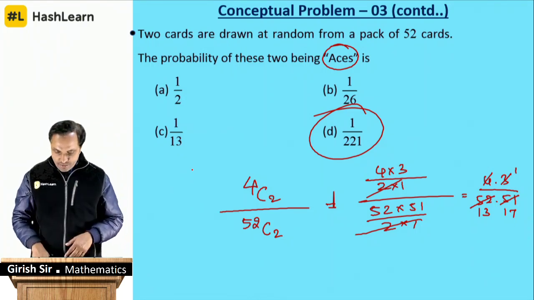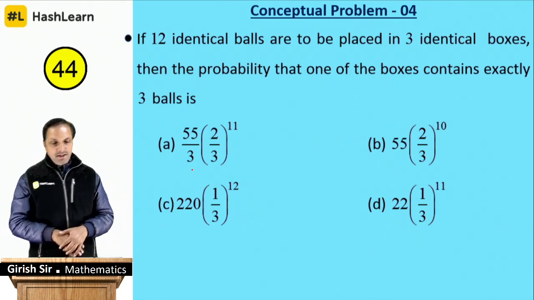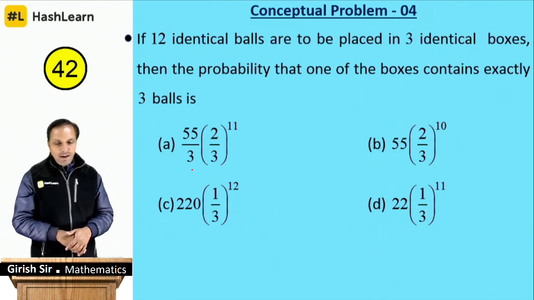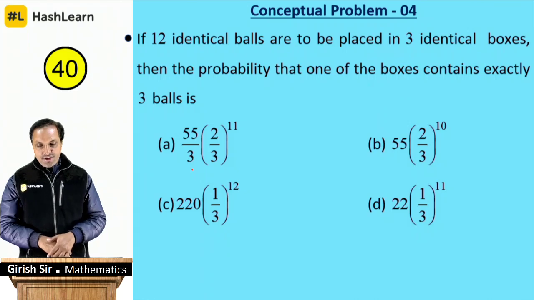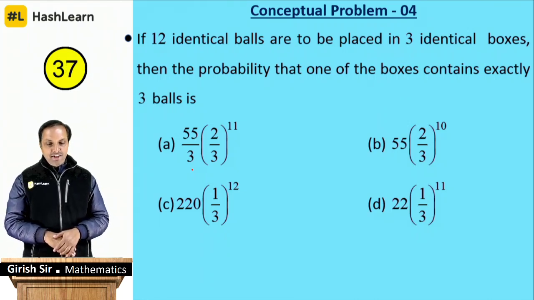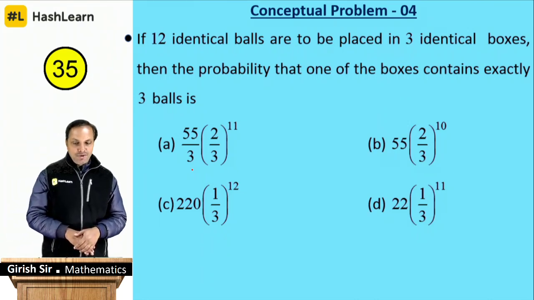So now let us go to the next one, and the next problem is here. Very important problem. Let me see how many of them are going to give the right choice.